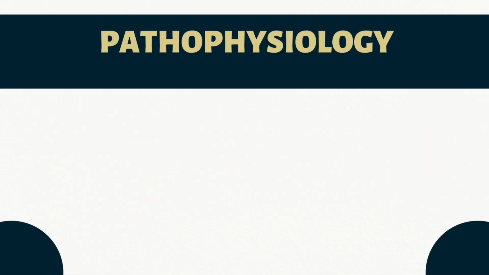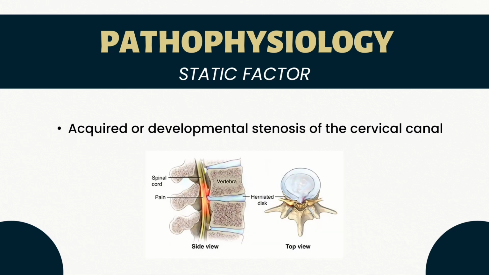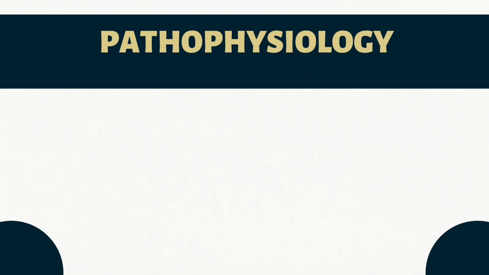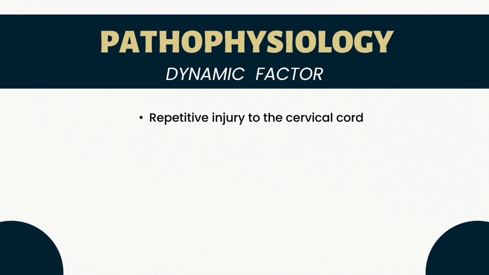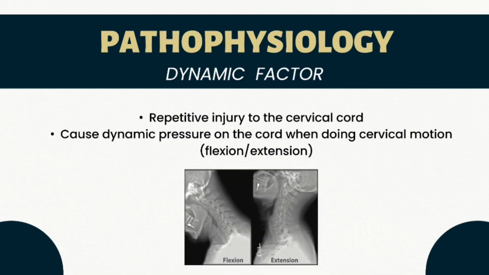Pathophysiology of cervical myelopathy largely involves compressive force on the spine due to a combination of factors. First, static factors, which result in acquired or developmental stenosis of the cervical canal. Next is dynamic factors, which involve repetitive injury to the cervical cord, causing dynamic pressure on the cord when flexing and extending.